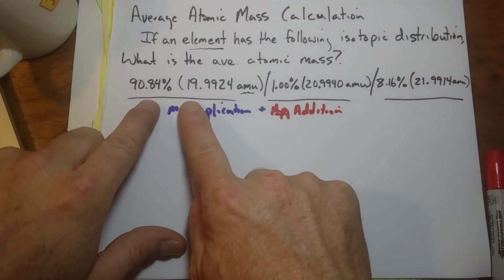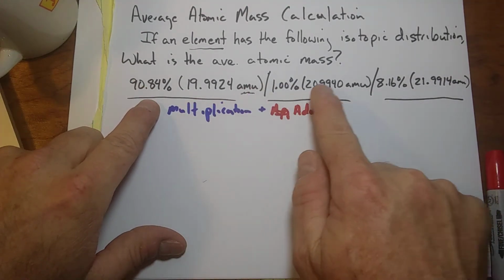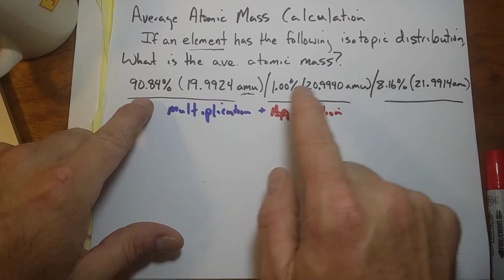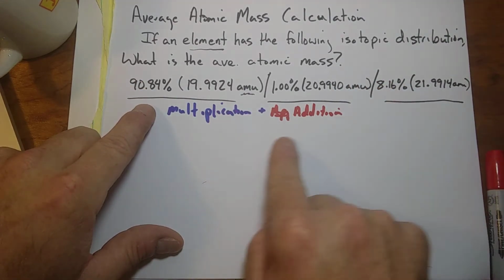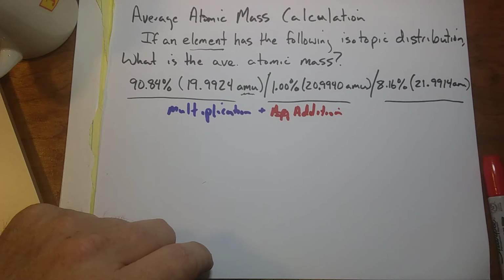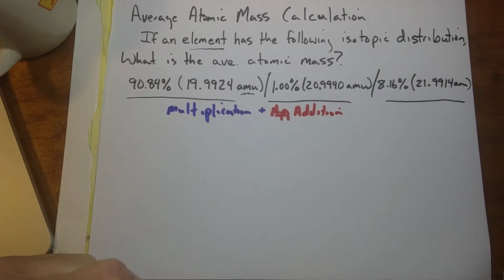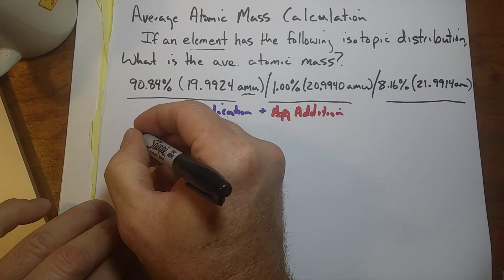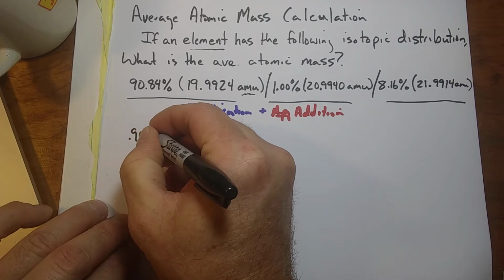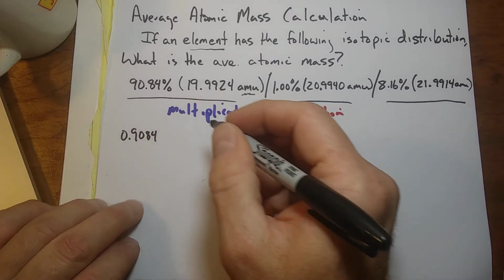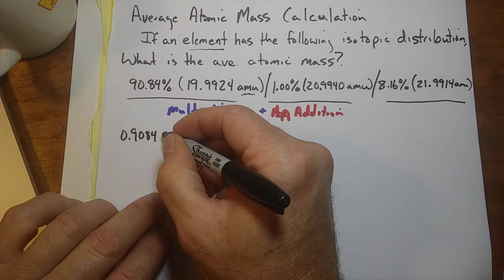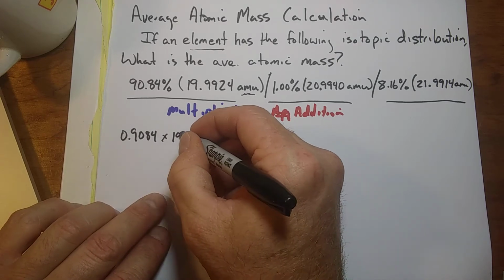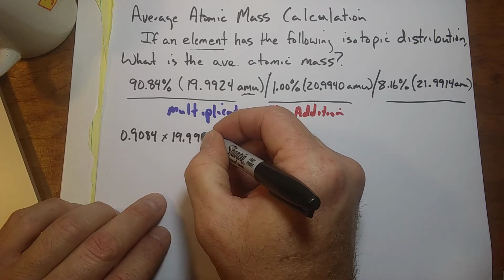So I'm going to set this up where I bring these two underneath this one. So we're going to bring these two over, and we're going to change it from percentage to fractions. So let's do this: 0.9084, put a 0 out front, times 19.9924.